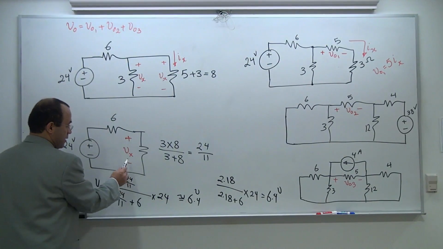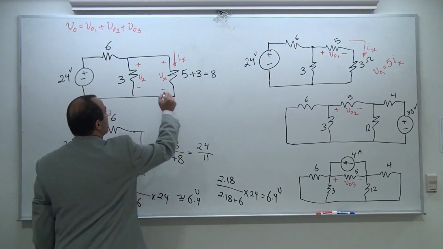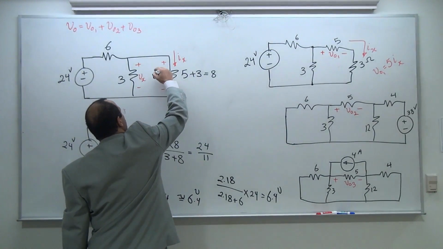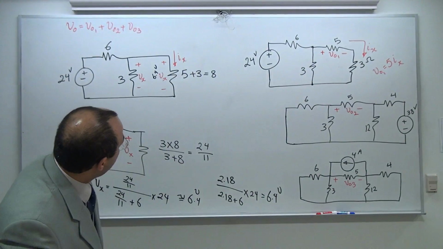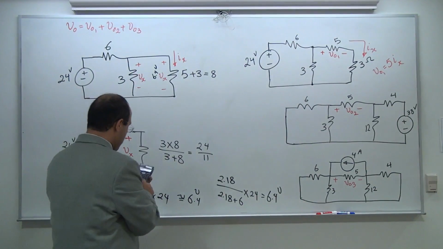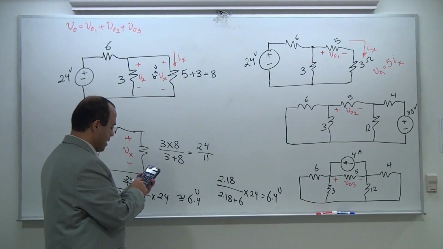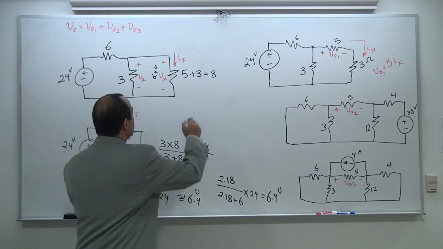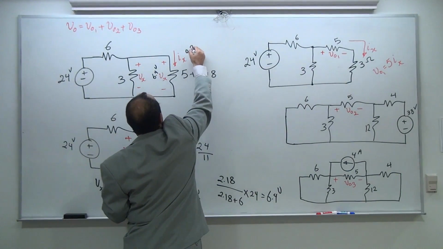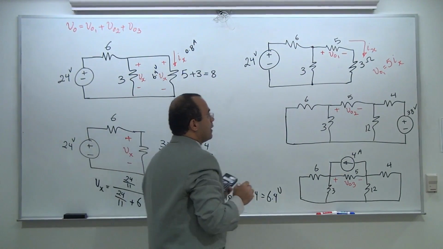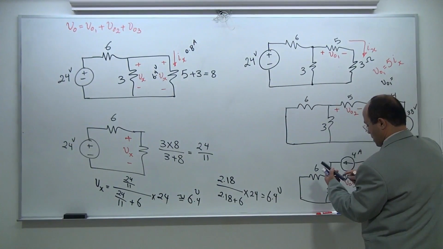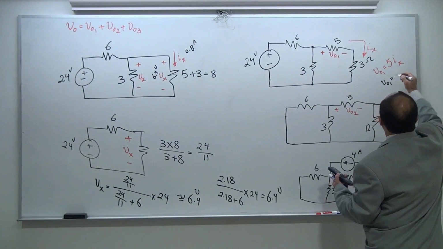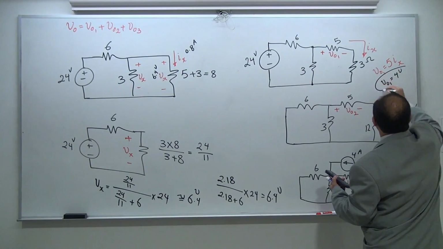I've got this voltage, 6.4 volts. So this is 6.4 volt. I need this current. I need to divide it using the Ohm law. 6.4 divided by 8. That current is going to be 0.8 amp. Since I have 0.8 amp, VO1 is equal to 0.8 times 5. It's going to be 4 volts.